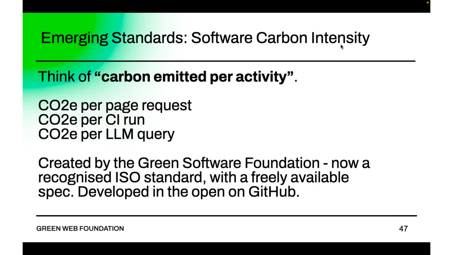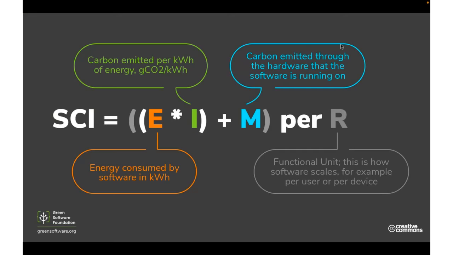So we've looked at, say, page requests right now, but you could do it for a CI run. You could do it for an LLM query, all these things here, because we don't just use browsers to access digital services these days. And this is basically the slide they use to communicate what this is. They talk about the stuff on the left in the brackets. So everything inside the gray brackets is basically carbon.